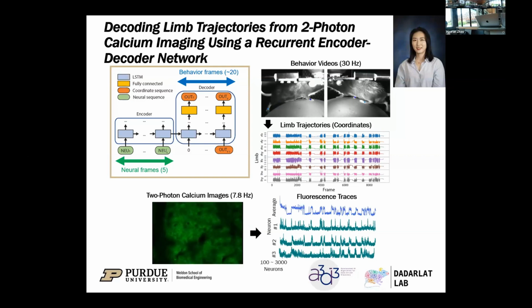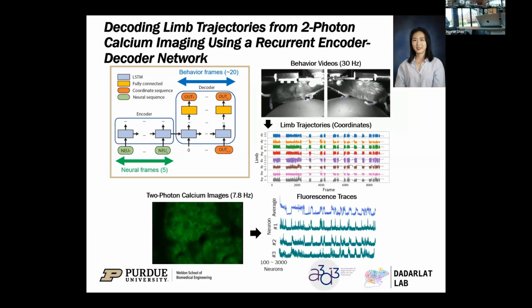For example, the spatial relation between each neuron disappears in these fluorescence traces. And the size of these images is huge, so we expect we need to use some high-throughput AI method for that, but it's a future plan. For now, we are using these extracted fluorescence traces in this preliminary research.